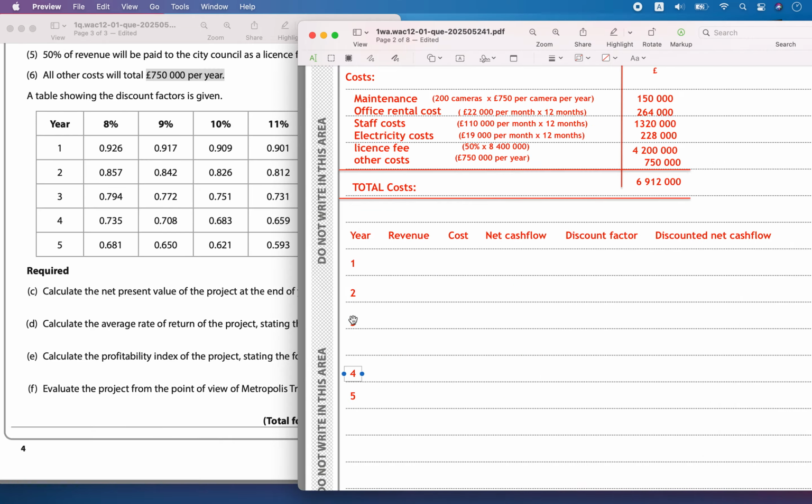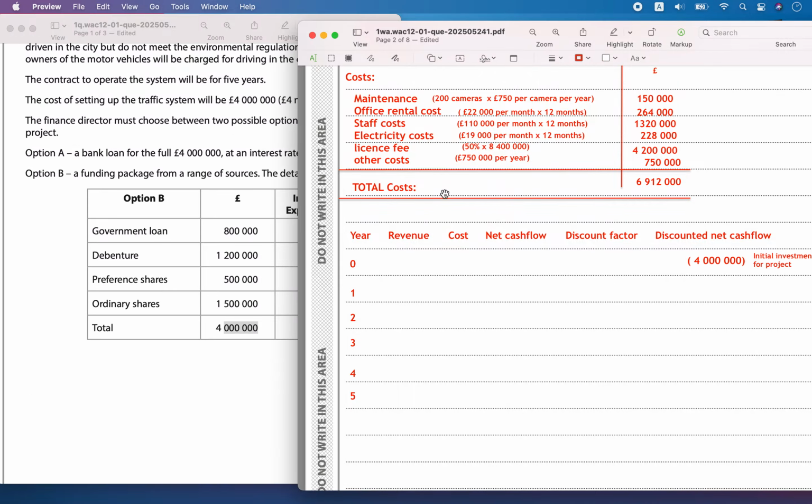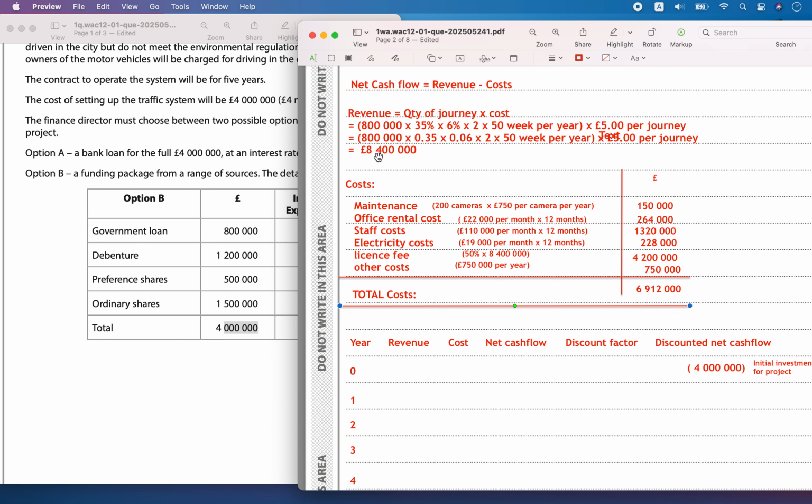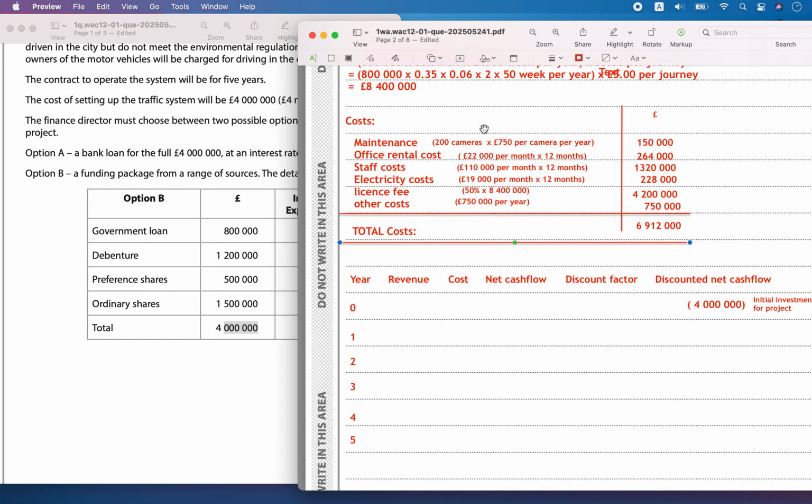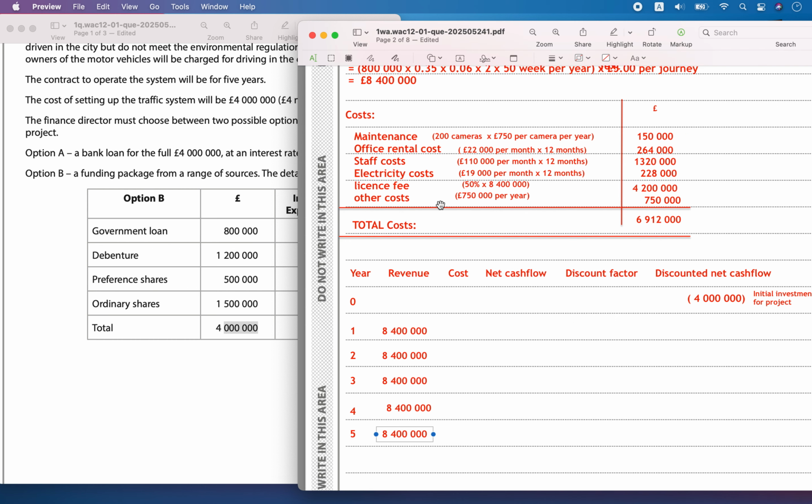Now we can write the initial investment at the 0 year. That is the initial investment, which has happened at the 0th year, and that we have to subtract. Now the first one is the revenue. The revenue for each year is 8,400,000, with the same revenue model.